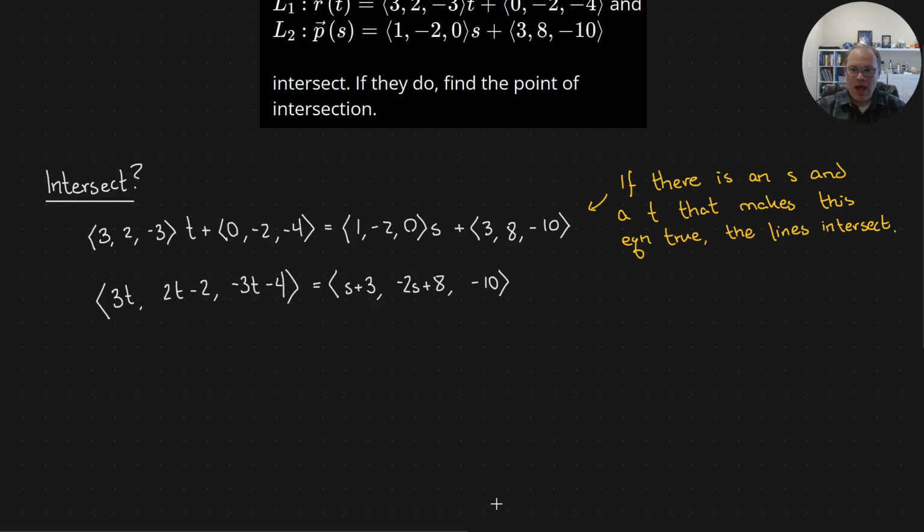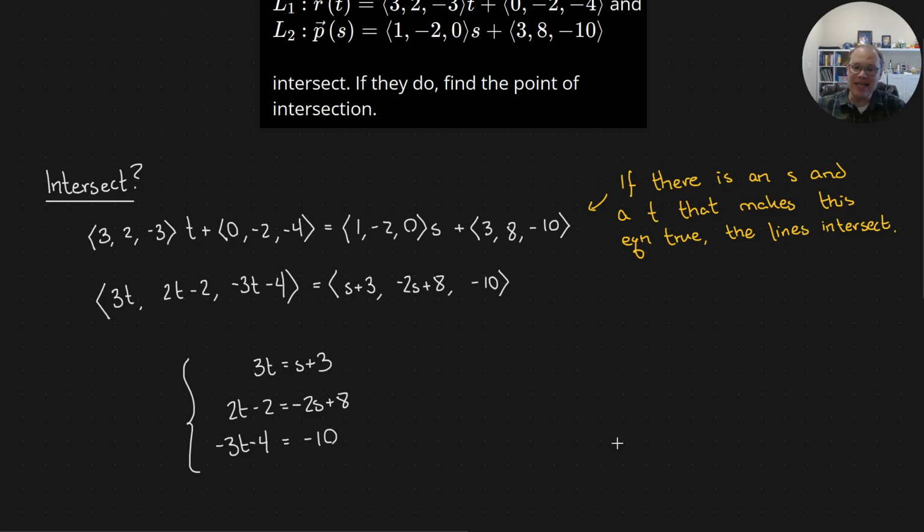Now that I have broken down both the left and the right side into vectors, the only way these two vectors are equal is if their corresponding components are equal. So first component equals first component, second component equals second component, third component equals third component.